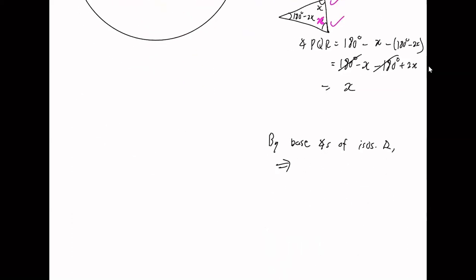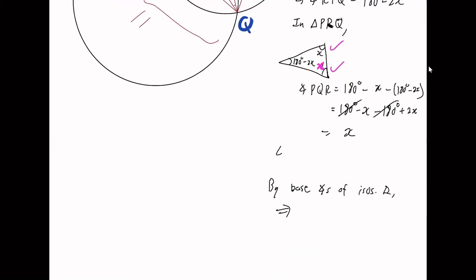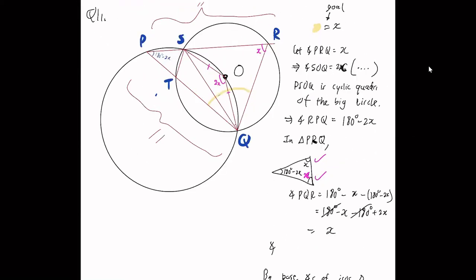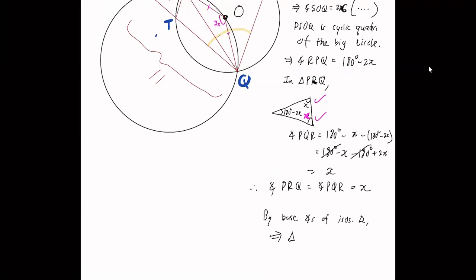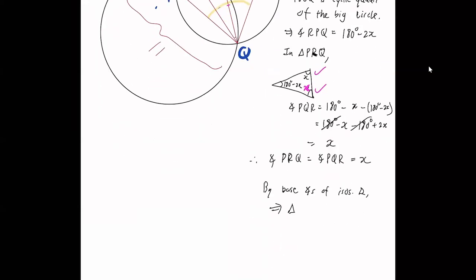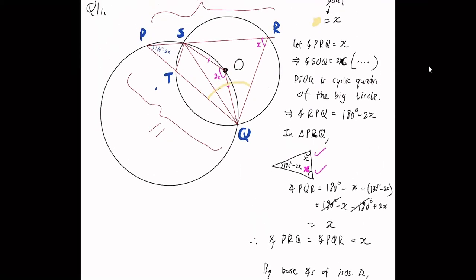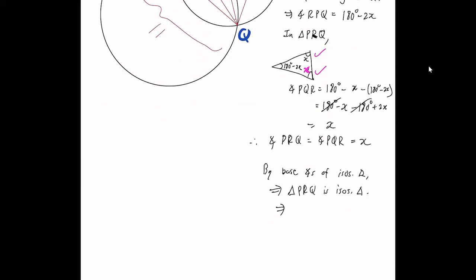I should say that angle PRQ equals angle PQR. It implies that triangle PRQ is an isosceles triangle, which implies the conclusion we needed: PR equals PQ.